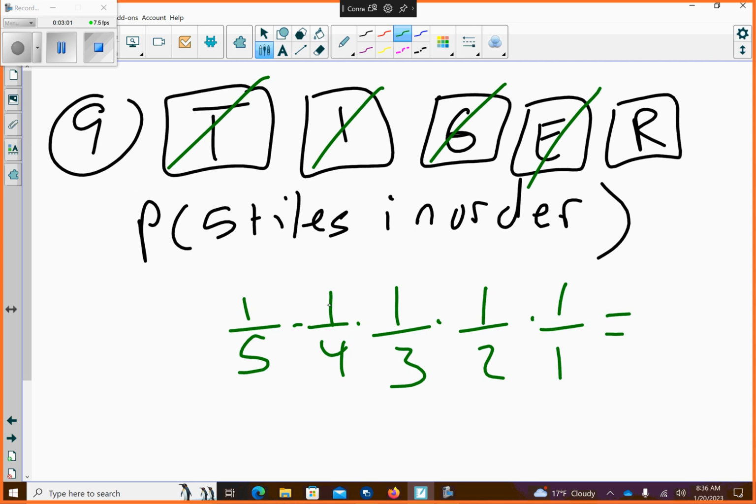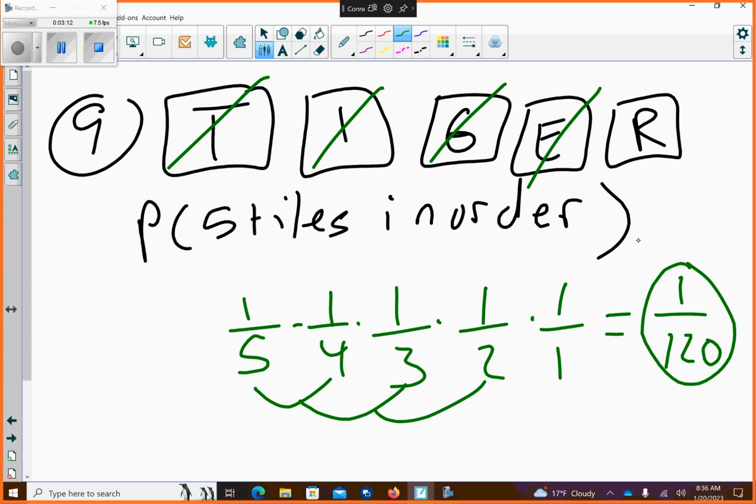So you multiply the top, 1 times itself, 5 times. Then 5 times 4 is 20, times 3 is 60, times 2 is 120. So 1 in 120 chance, probability of me drawing those tiles out in that exact order. So I have a 119 out of 120 chance that I pull them out in any other order. Okay?